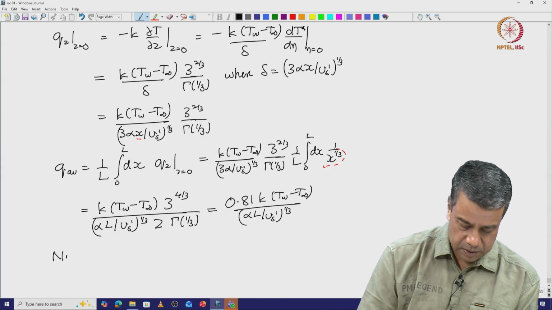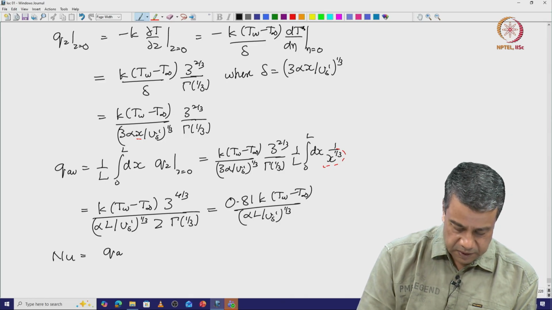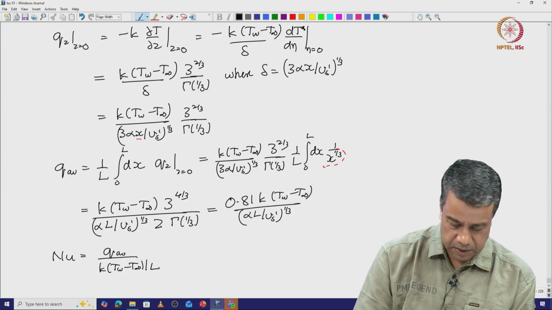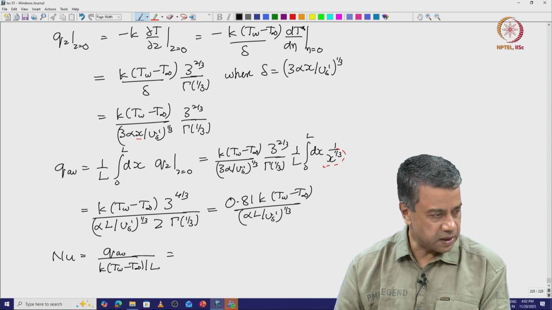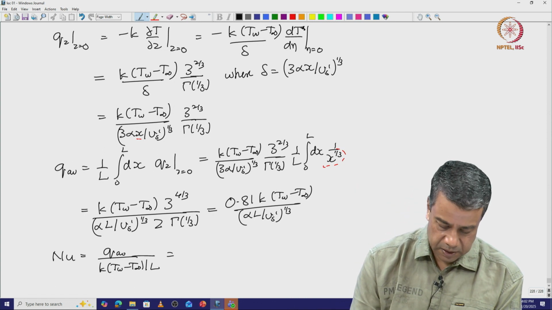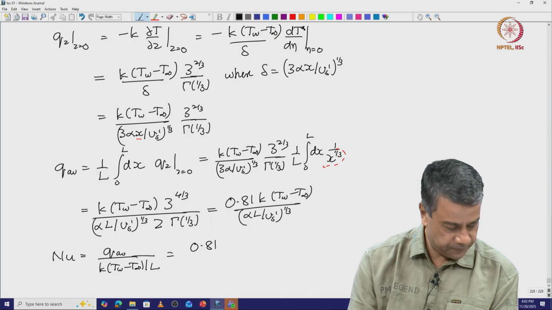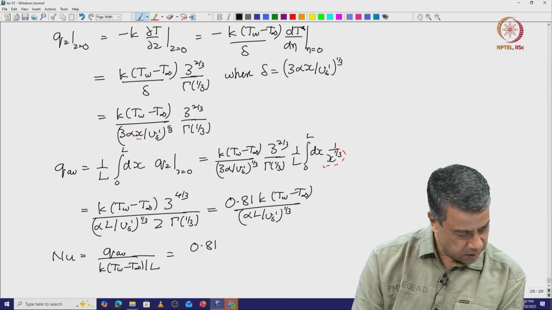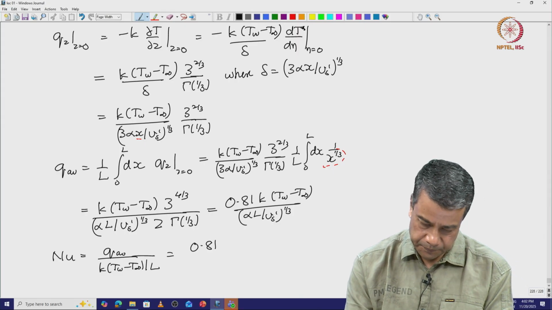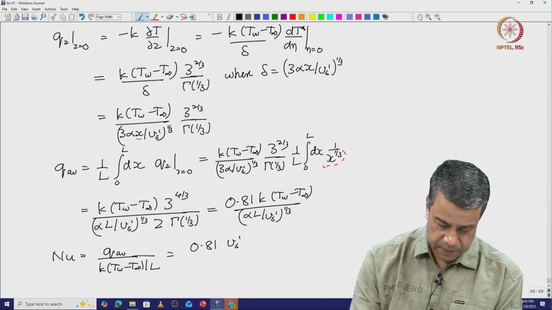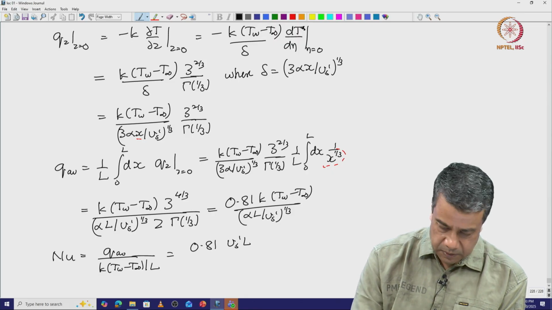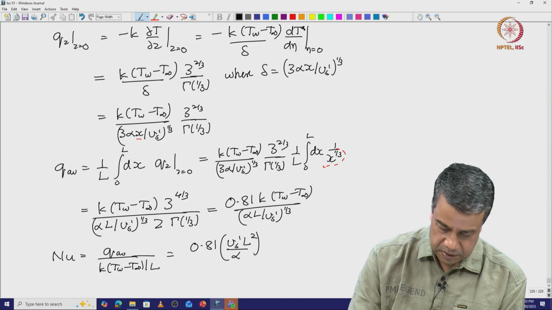The Nusselt number is equal to Q average by k into (T_w minus T_infinity) by L. Okay. The Nusselt number is Q average by k into (T_w minus T_infinity) by L, which is equal to 0.81, into (Vs prime L square by alpha) whole power 1/3.